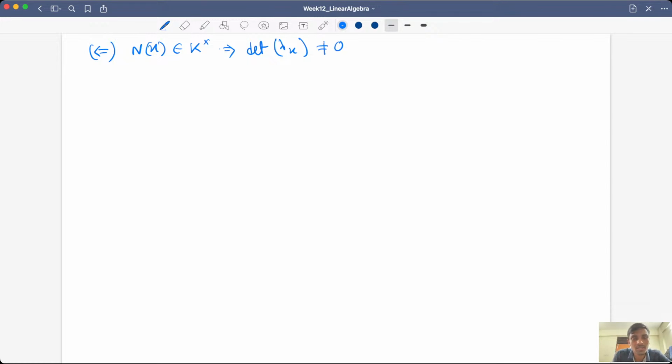But if the determinant of a linear map is non-zero, then it is proved in class that this map lambda x is invertible.